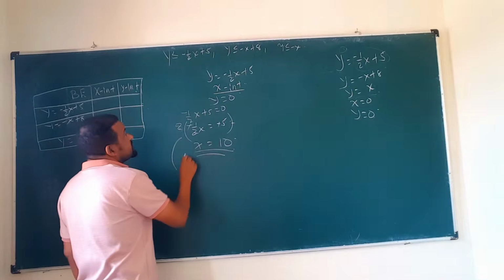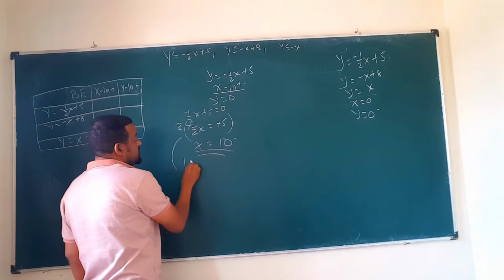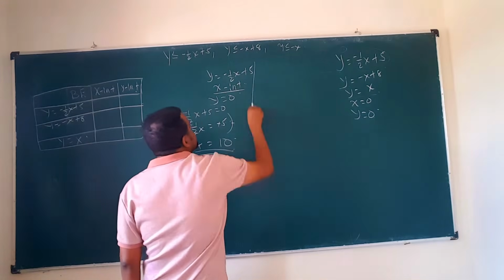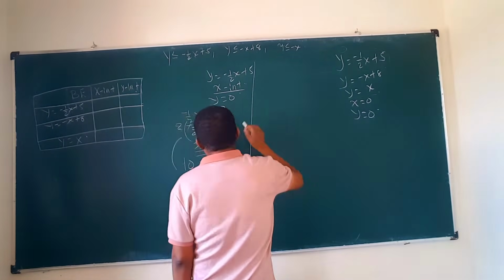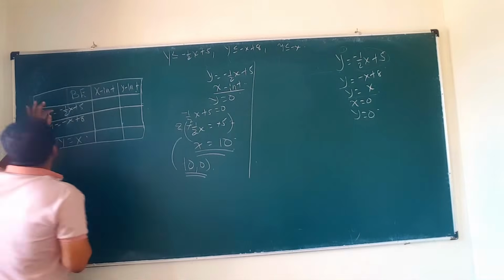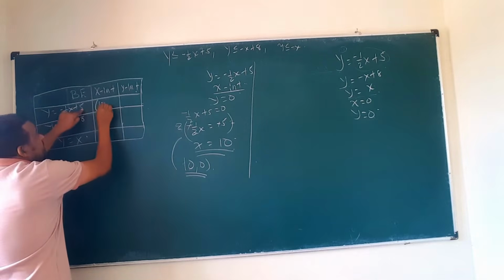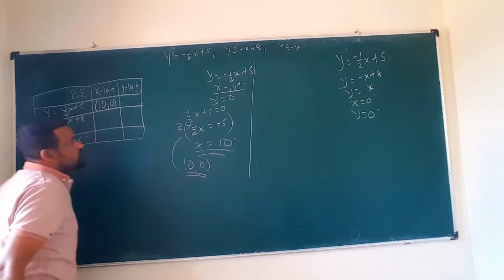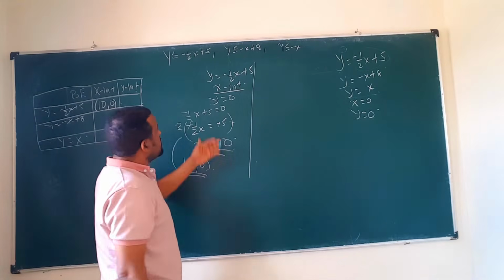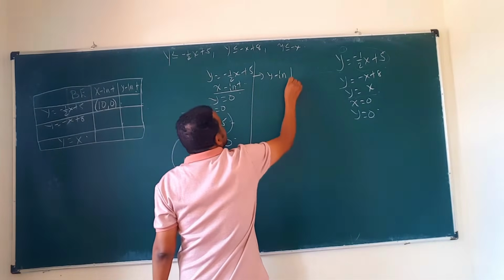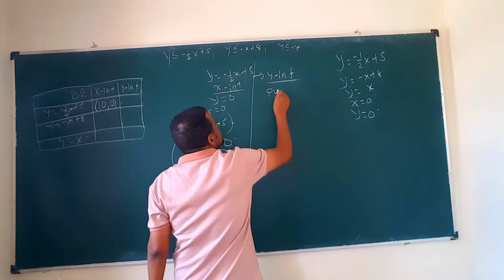So the x intercept is (10, 0). Good. To find the y intercept of this, what do you do?